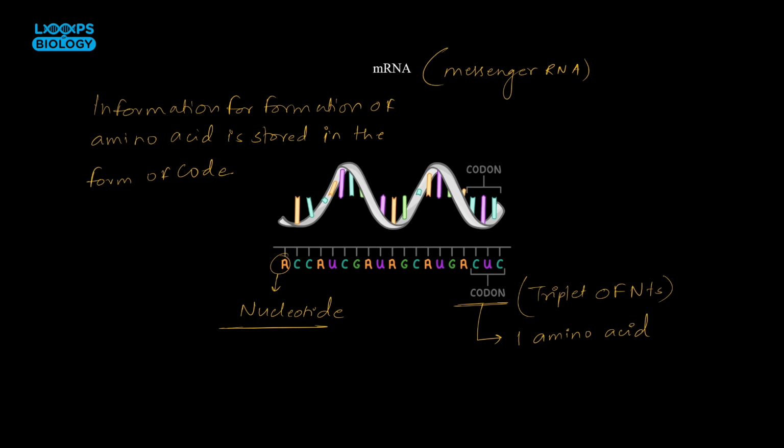That code is helpful for the synthesis of amino acids and finally the protein. The code is in the form of a triplet of nucleotides called a codon. There are a total of 64 codons, out of which 61 codons code for 20 amino acids. This information is very crucial whenever molecular biology is concerned.